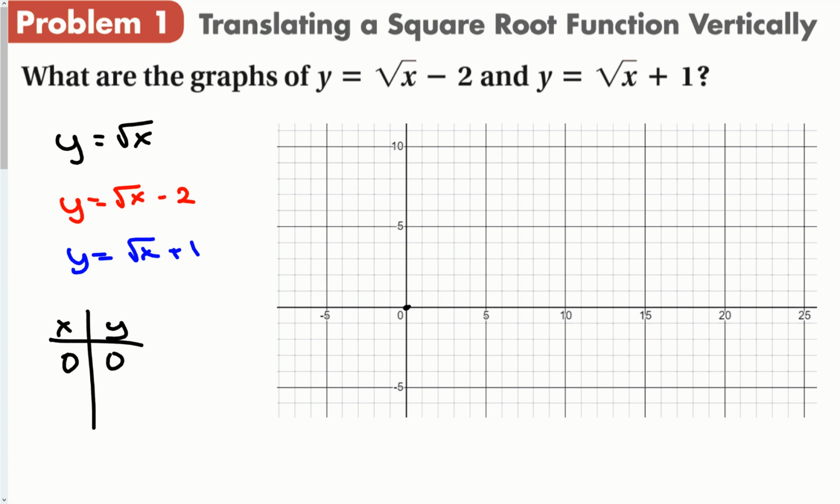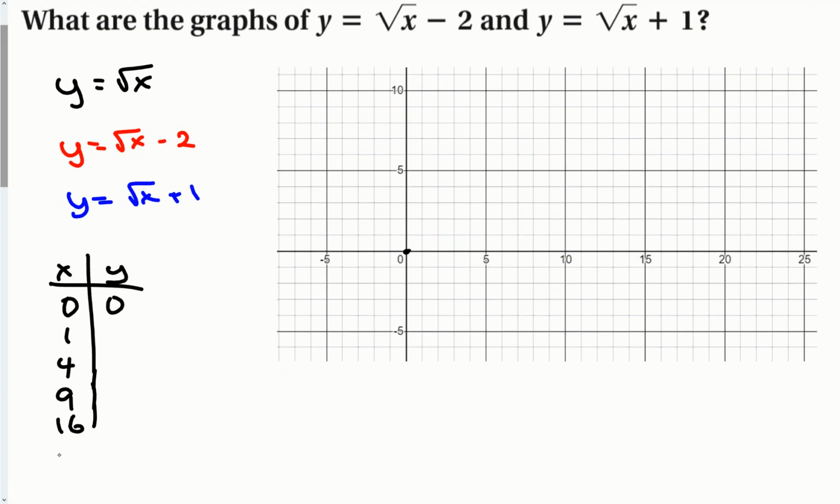Now, the trick to graphing square root functions is to pick numbers that work well with whatever square root you're dealing with. In this case, since we just have the square root of x, pick numbers to plug in that are perfect squares, like 1, 4, 9, 16, and let's try 25. So the square root of 1 is 1, square root of 4 is 2, square root of 9 is 3, square root of 16 is 4, and 5.